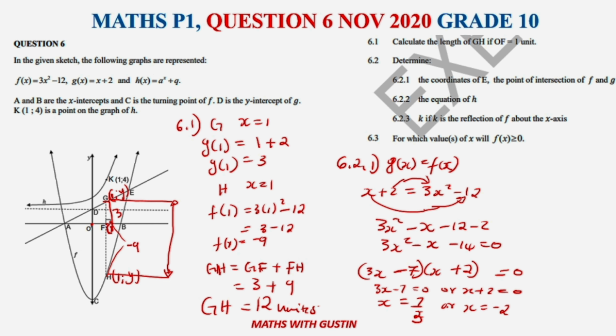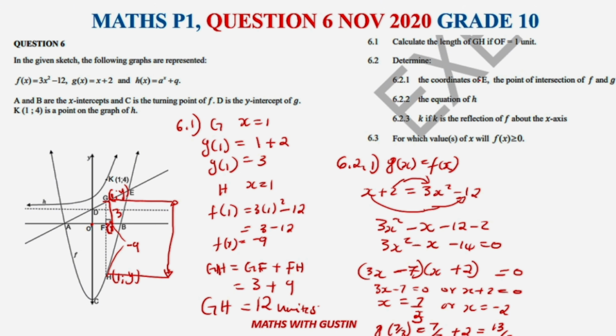I would rather choose the simplest one, which in this case is the straight line. So on the straight line, x is 7 over 3, so y is 7 over 3 plus 2, which on a calculator gives us 13 over 3.